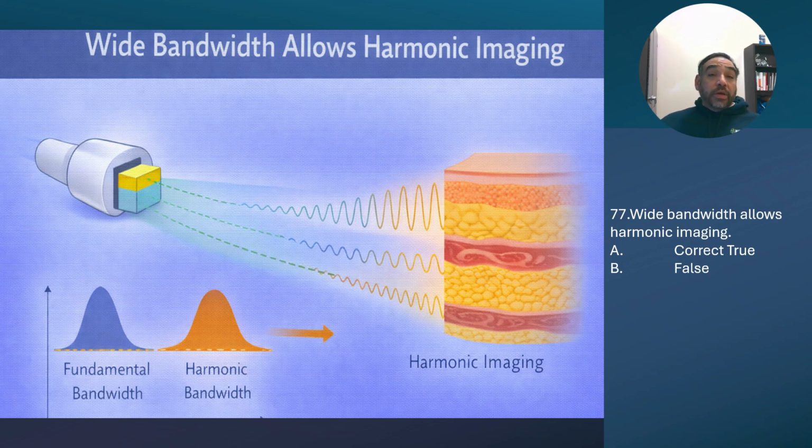So what is harmonic imaging? Harmonic imaging depends on receiving frequencies that are different from the transmitted frequency. So when we transmit a fundamental frequency, for example, 2 megahertz, the body generates harmonic frequencies like 4 megahertz, and then a second harmonic.